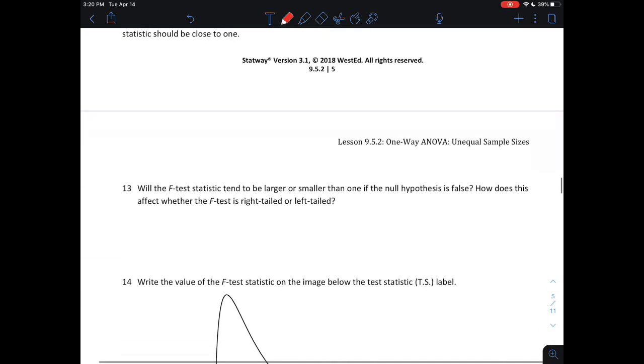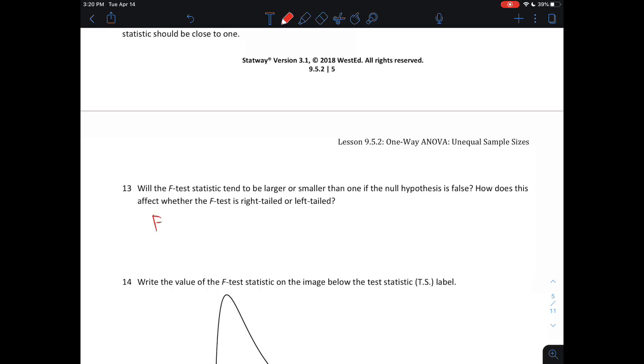So number 13, will the F-test statistic tend to be larger or smaller than 1 if the null hypothesis is false? How does this affect whether the F-test is right-tailed or left-tailed? This is exactly like what we saw in the previous lesson. If the null hypothesis is false, we would expect to see the F-test statistic to be larger than 1, and this means we're going to have a right tail.